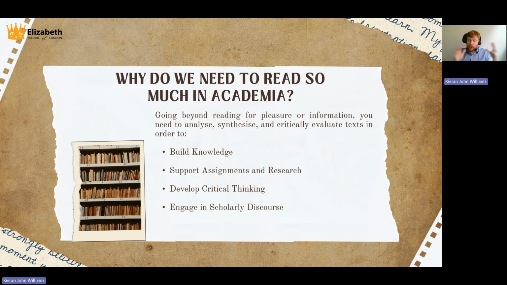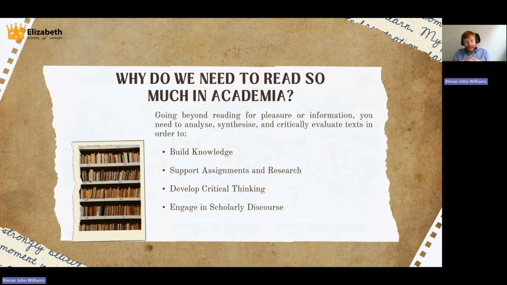So first of all, and possibly the most important thing, is to build your knowledge. You're reading these in order to get more information so you can do your assignment, so you can then move on. And like we just said, that does support your assignments, but it can also support any other research that you're doing.